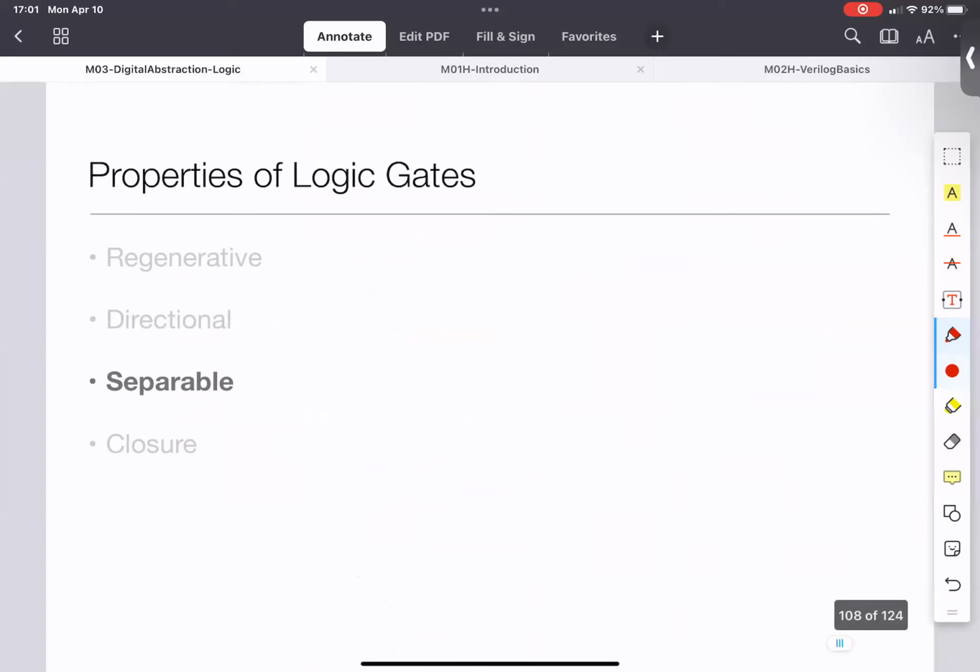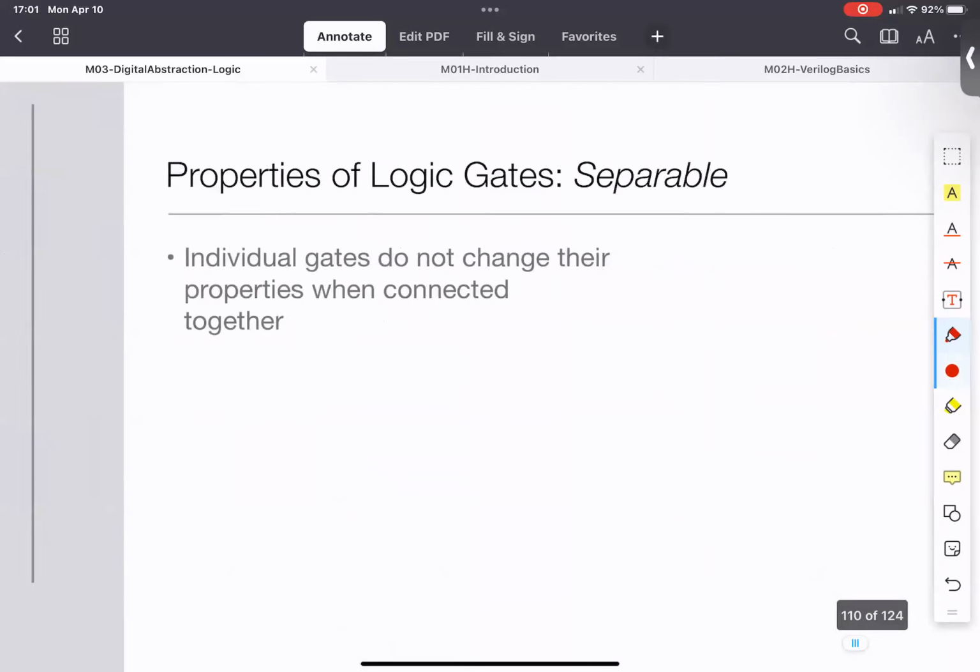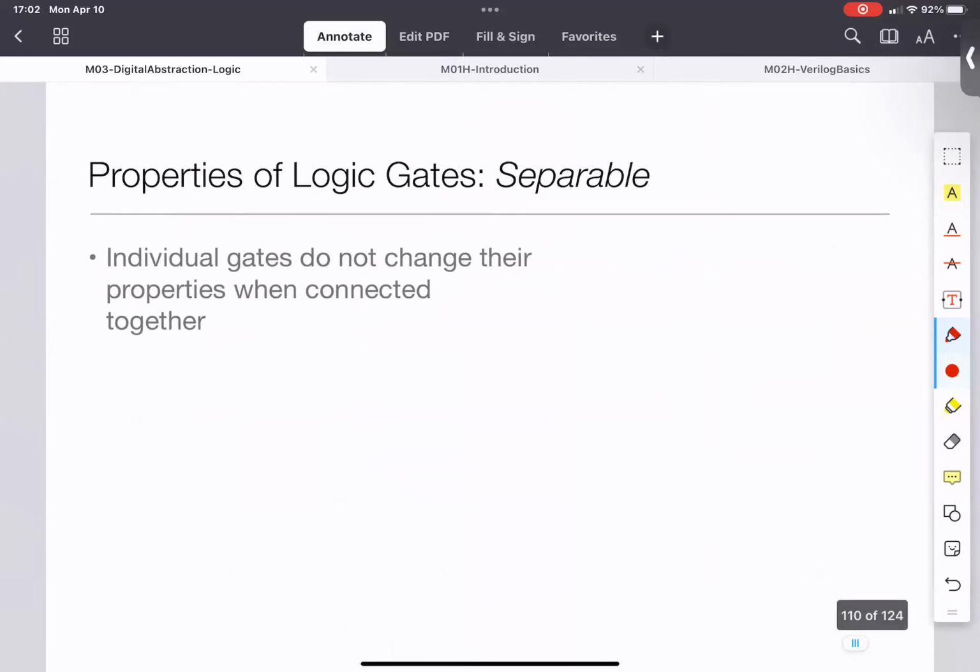Okay, separable: individual gates do not change their properties when they are connected with other gates. What I mean by that is that if I have, let's say, a NOT gate, and the output of it feeds into another NOT gate, then the first NOT gate will still do the NOT function. Its functionality is not affected by what it is connected with. Now, this is an idealization.